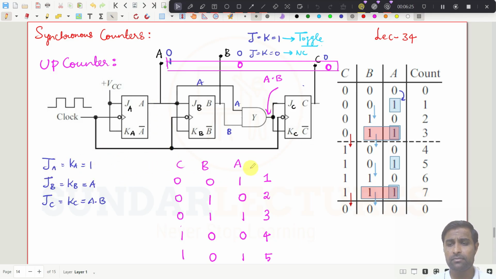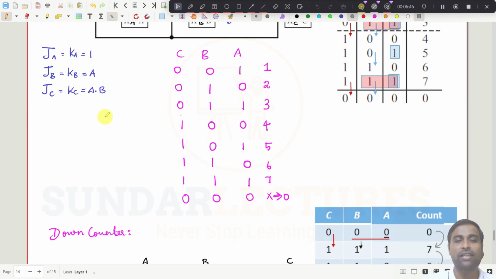We tried to get the idea of how, if one clock pulse is given, it is going to count up. That means if it is 0, 0, 0, it goes to 0, 0, 1. And then if you give a clock pulse, it is going to become 0, 1, 0, that is 2. And up to 7 it will go, and after 7 it is again going to come to 0, 0, 0 as a count 0. And this is the up counter.